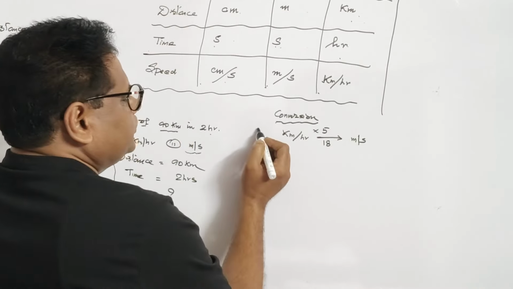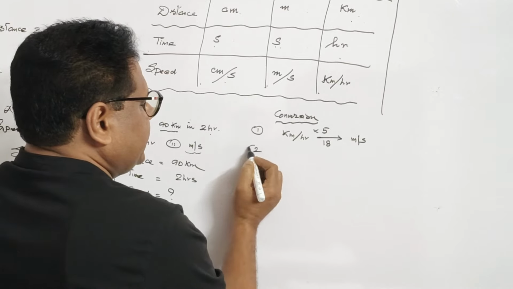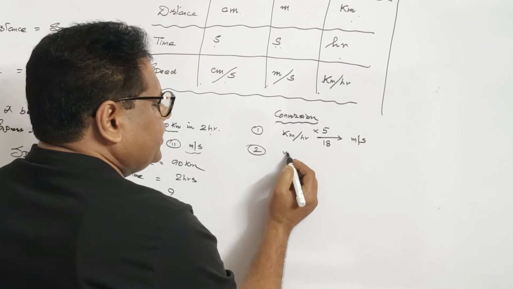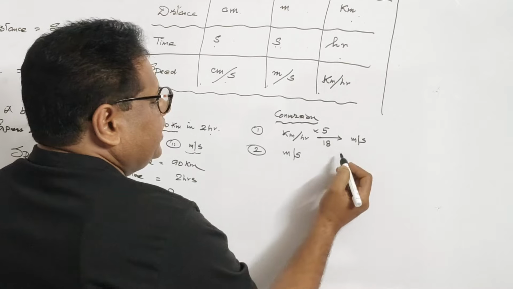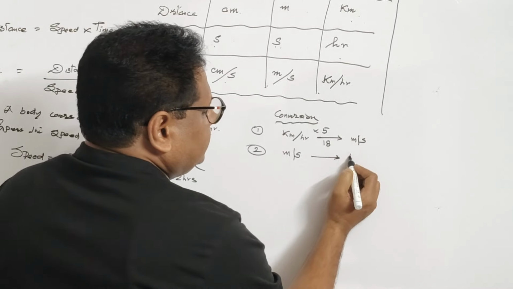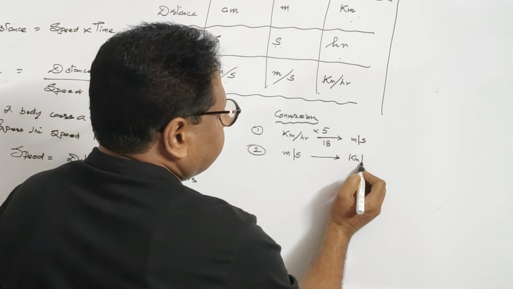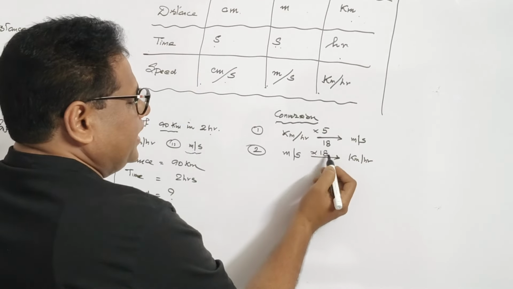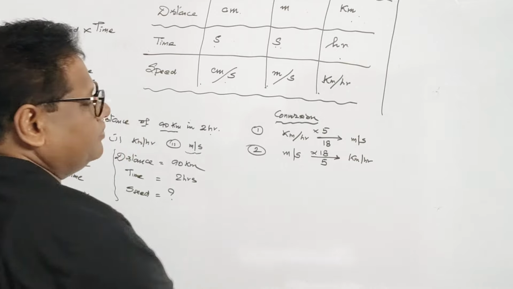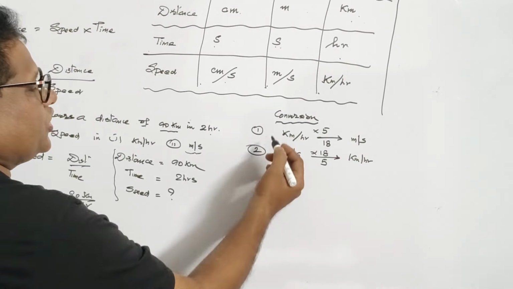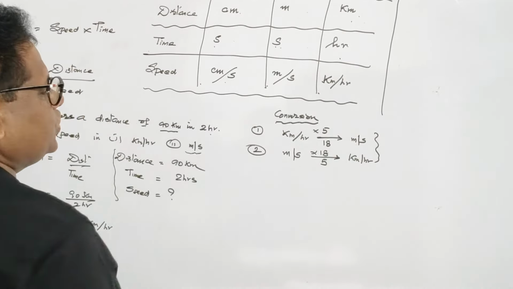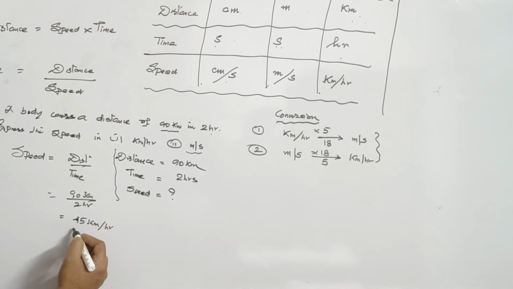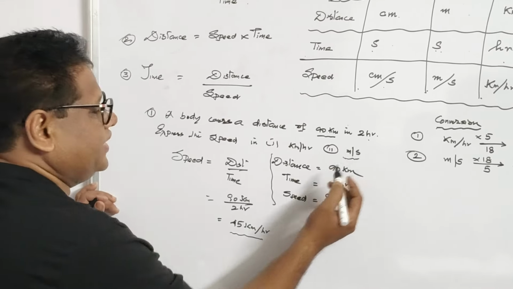This is the first conversion. Second, if you want to convert meter per second into kilometer per hour, then multiply by 18 by 5. These are the shortcuts, right? So here my question says convert this into meter per second, that's the second part.